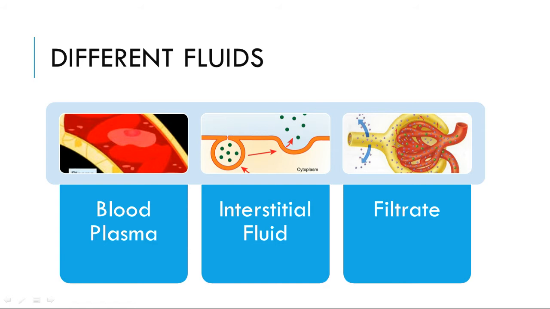Blood plasma, interstitial fluid, filtrate. What else could we add here? I think we could add urine. I would add the fluid urine. Urine is located where? First in the renal pelvis, ureters, bladder, urethra, city wastewater. But not in the pool.